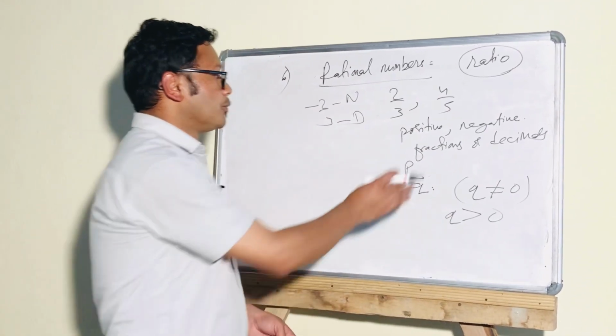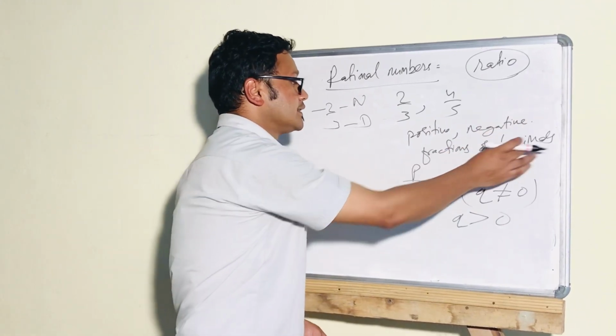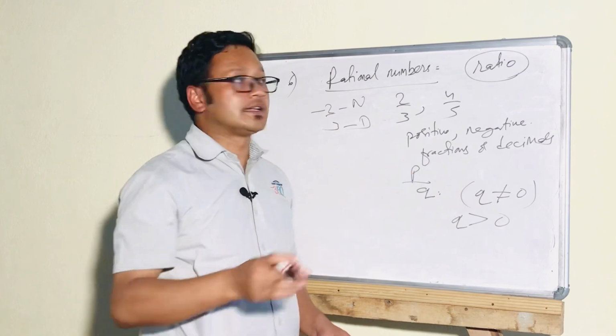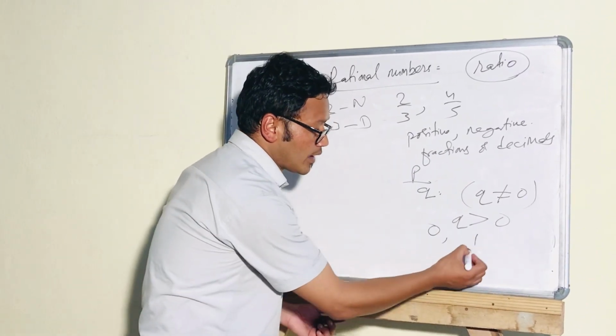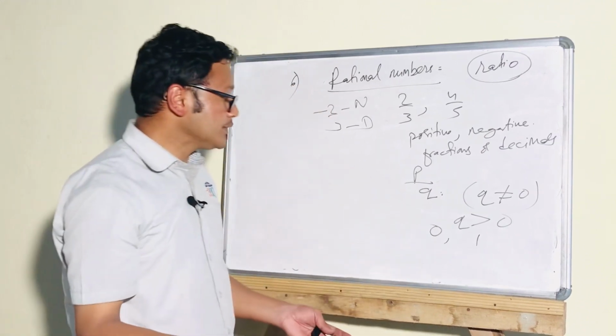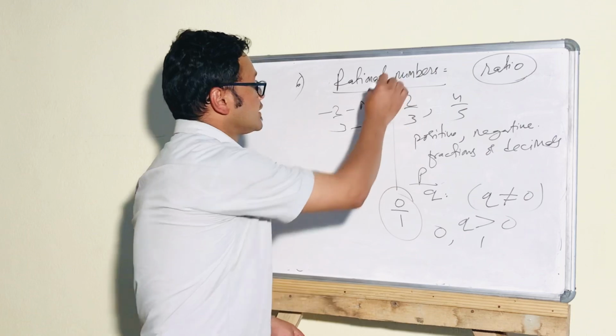That means it can be positive, it can be negative, it can be fractional or decimal, or whole numbers, even natural numbers, like whole numbers 0 or 1. When we talk about 0/1, it is also a rational number.